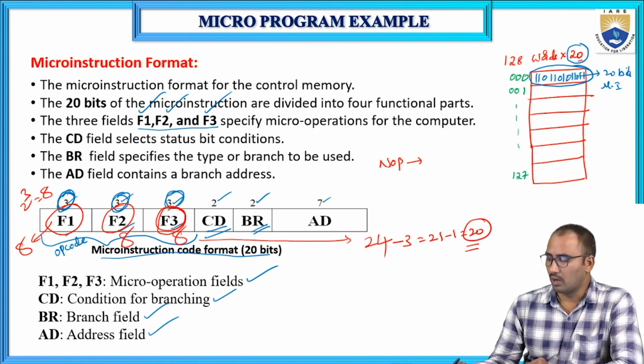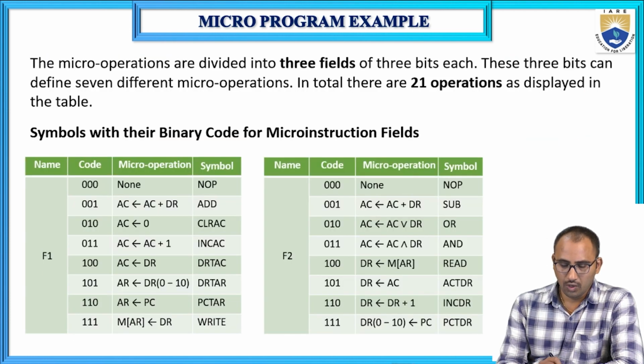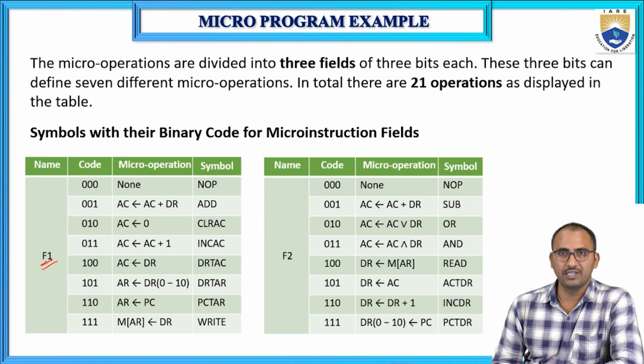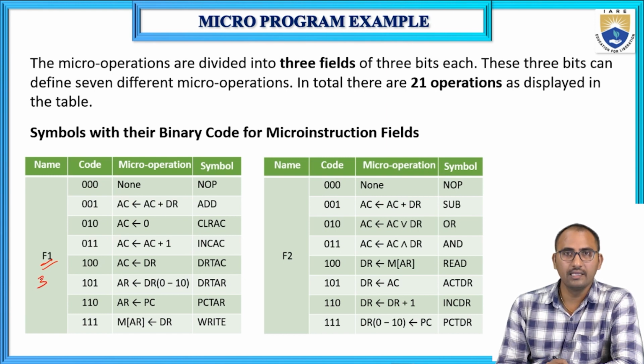So let's see those micro operations one by one. This is F1, the first field. In the first field we have 3 bits. Using those 3 bits, we can represent 2 power 3 micro operations, which is equal to 8.